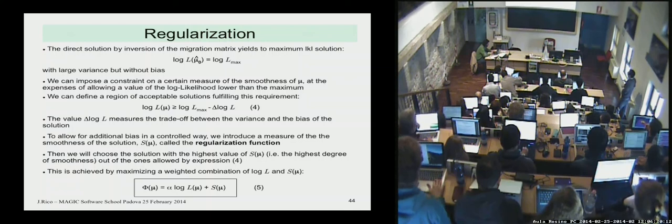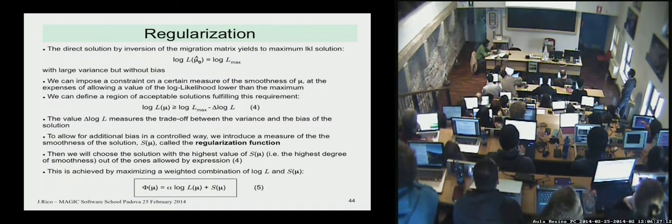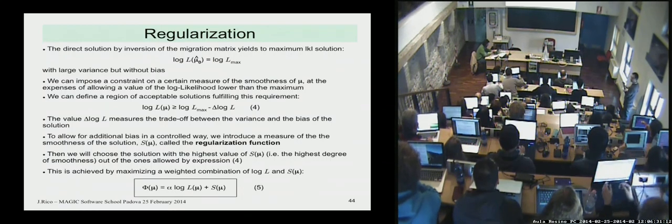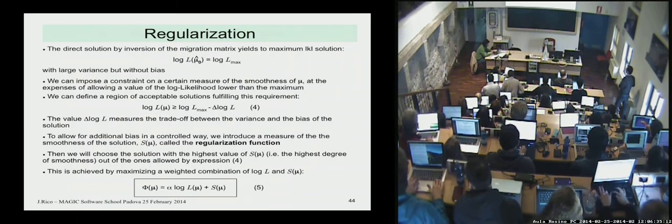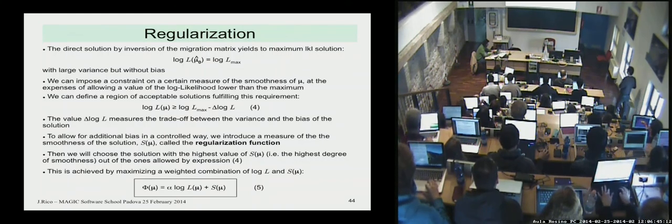We allow solutions that fulfill this condition, that the likelihood is larger than the maximum one minus a certain difference, and the amount of difference will be related to the amount of bias that you are allowing the estimator to have. So this delta log L measures the trade-off between the variance and the bias of the solution.